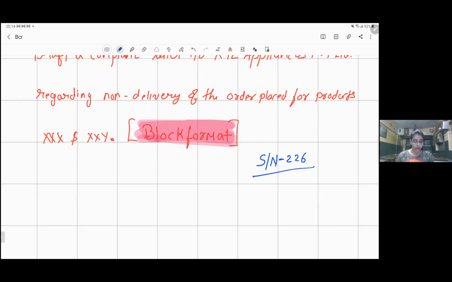Made on March 28, comma, you can write the year 2020 like this. Okay, or you all can add the current also, that is 21. Whatever, it is up to you.